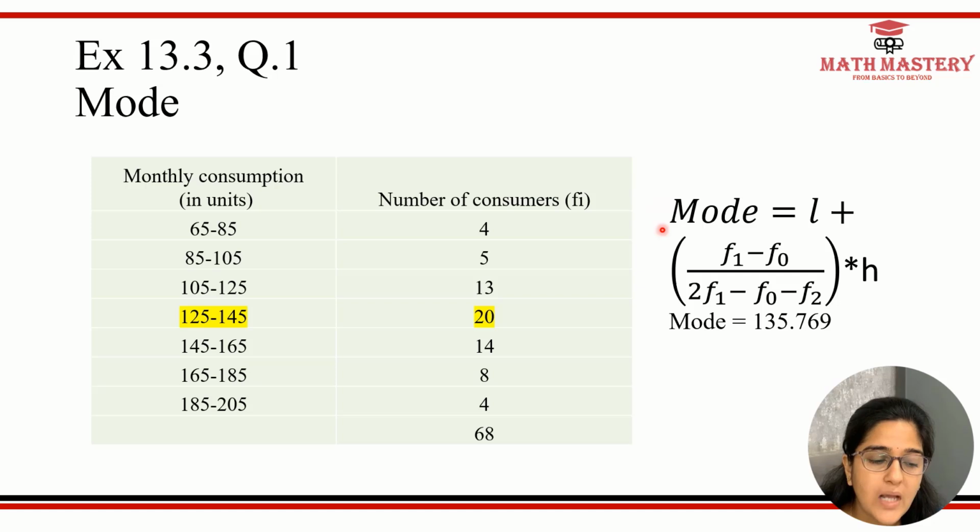The formula to calculate the mode is L plus (F1 minus F0) divided by (2F1 minus F0 minus F2), multiplied by H. Note that F1 is the frequency of the modal class, F0 is the frequency of the class preceding the modal class, which is 13 in this case, and F2 is the frequency of the class succeeding the modal class, which is 14 in this case.